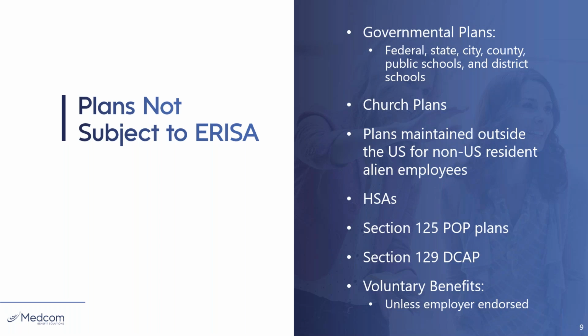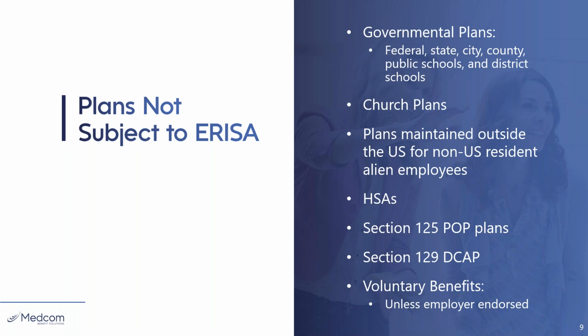And then, of course, voluntary benefits. This is one that tends to come up a lot. Are my voluntary benefits subject to ERISA? Well, there's a lot to unpack there. Certainly, one of the key ways that we can determine that easily is if any of your voluntary lines of coverage are offered through your cafeteria plan, they're offered on a pre-tax basis, we can umbrella them into being subject to ERISA.